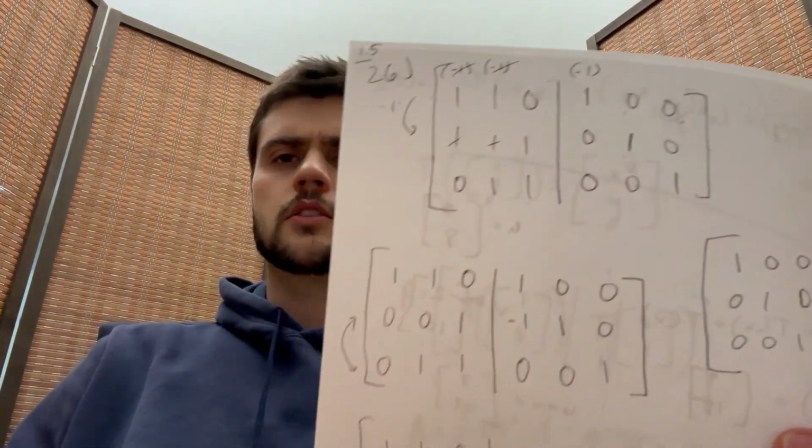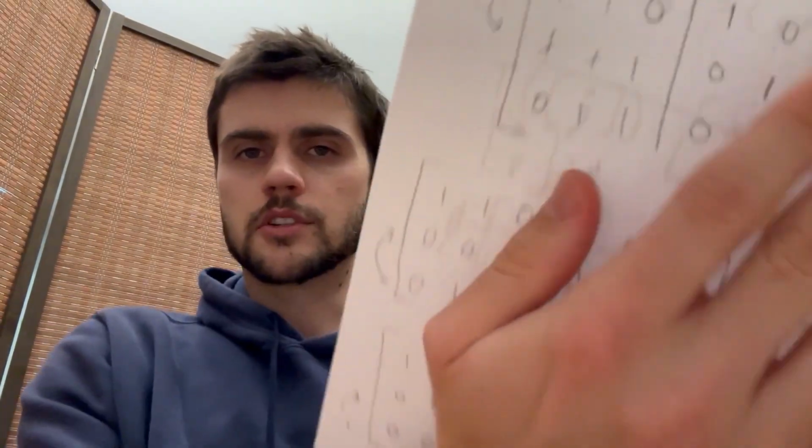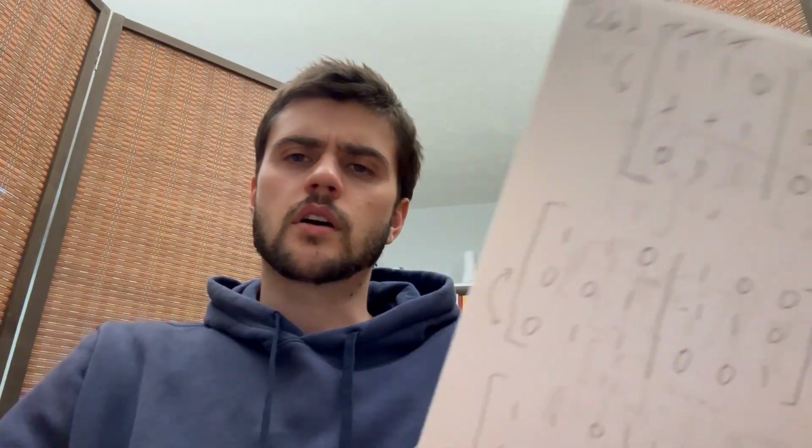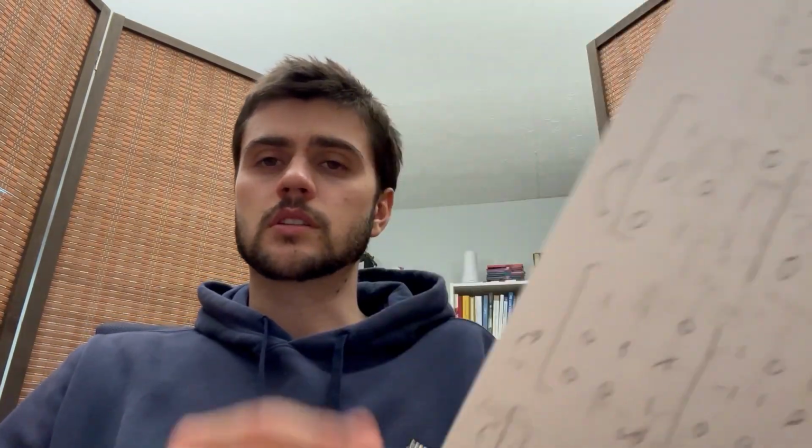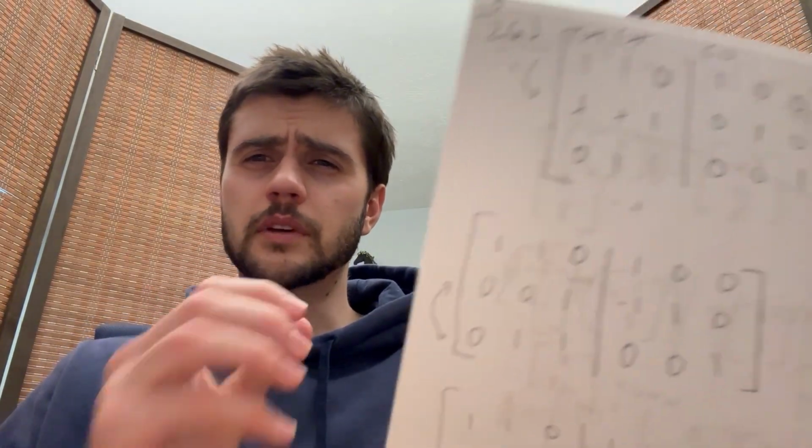All right, I worked on a problem from 1.5 today. It's writing a matrix, which was originally this, as a product of elementary matrices, as well as writing its inverse as a product of elementary matrices.